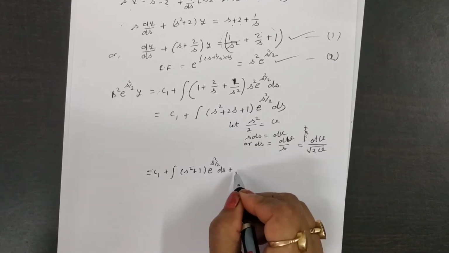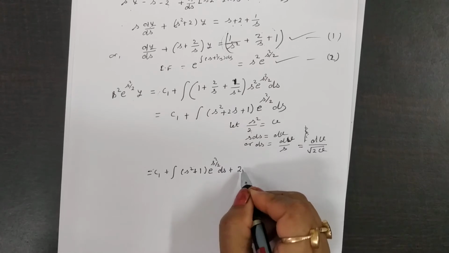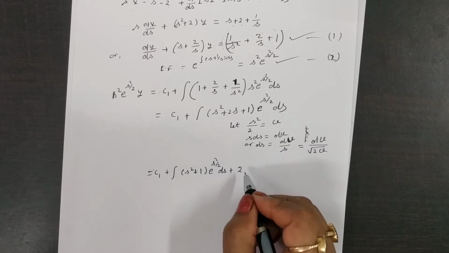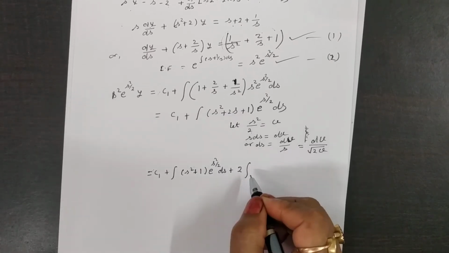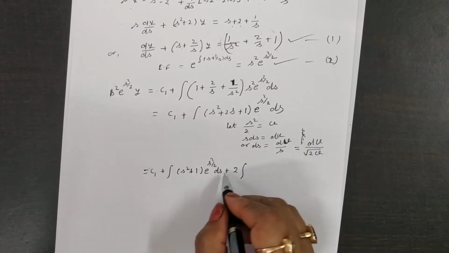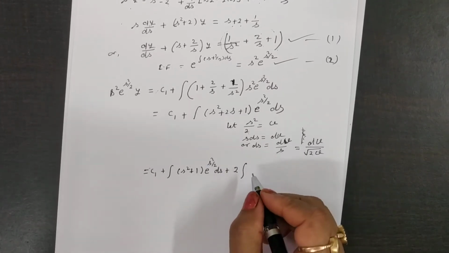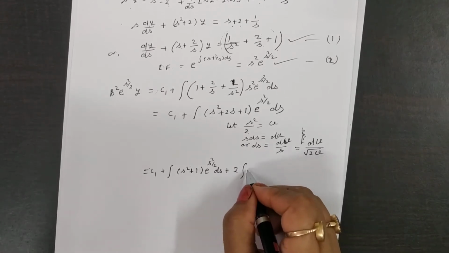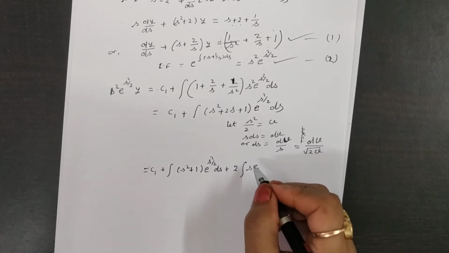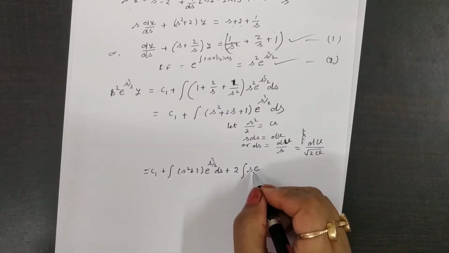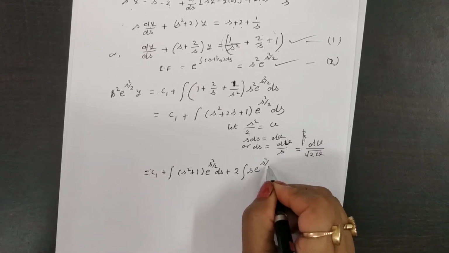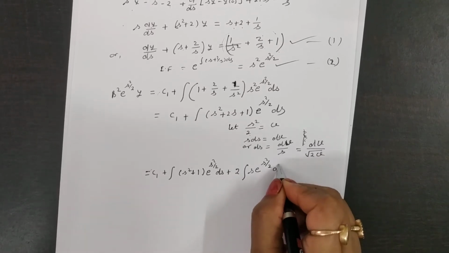Plus 2 times, this is again given as 1 by s square plus 1, s e to the power 2s plus e to the power s square by 2 ds.